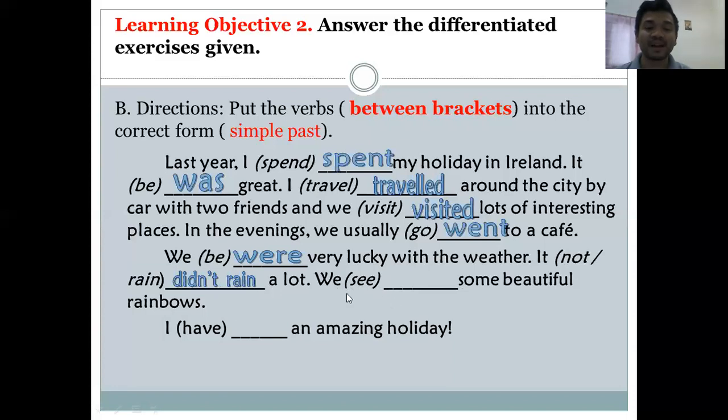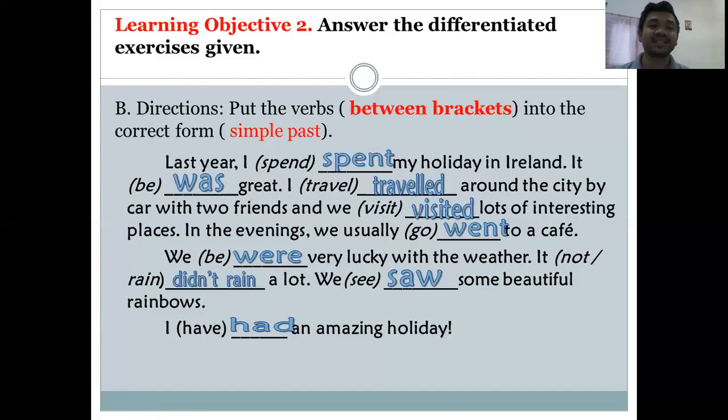So what is the simple past form of see? Can you think of an answer? Fabulous. You will say saw. So we saw some beautiful rainbows. Okay, last but not the least, I have. What is the simple past form of have? Great. So you will say, I had an amazing holiday.